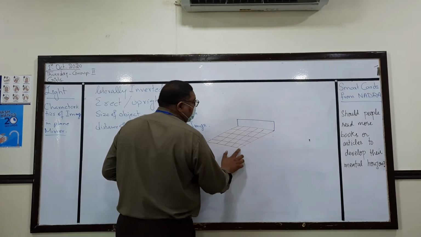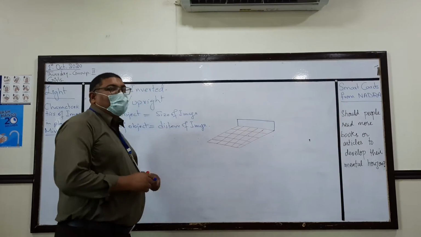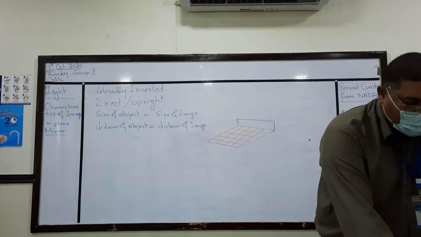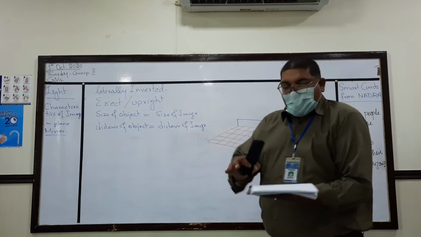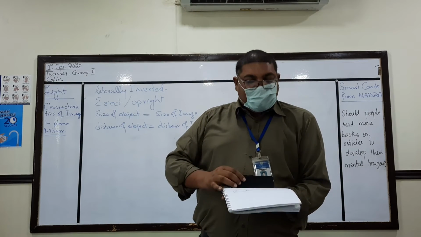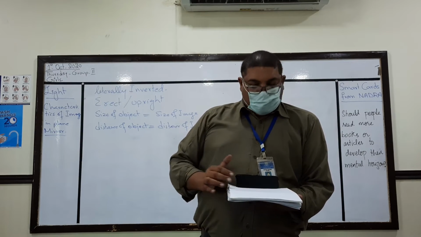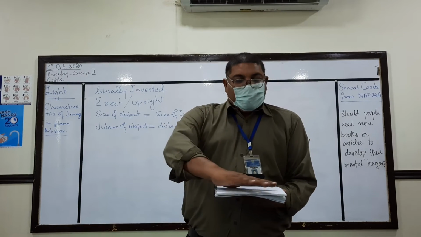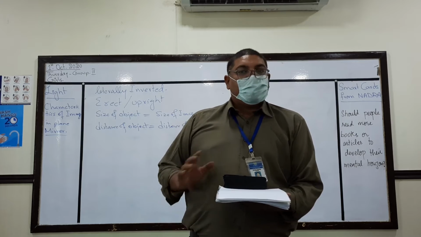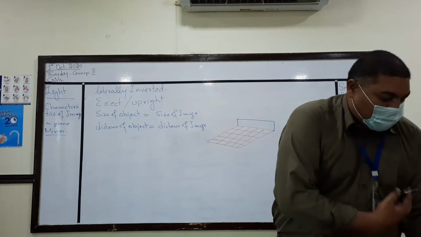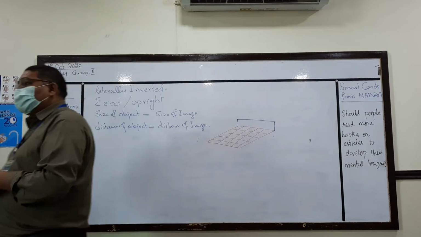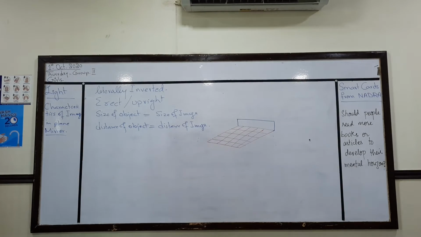It's a graph paper, and the blue colored thing here is a mirror. You have a graph paper, and I have placed the mirror like this. This diagram represents that situation. You understand?